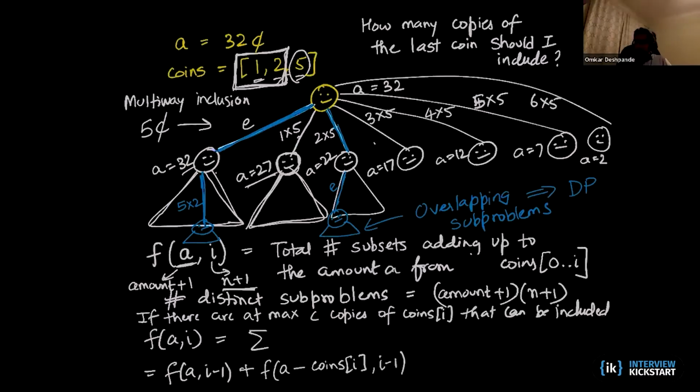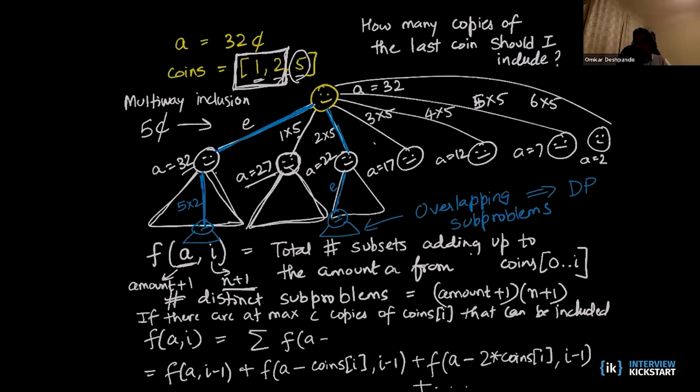And then that subordinate will look at this prefix of the coins array. Or maybe it will be a minus two copies of the coin I'm focused on, and my subordinate will focus on the remaining coins, and so on. So we can write this as f of a minus, how many copies of the coin are we going to have.